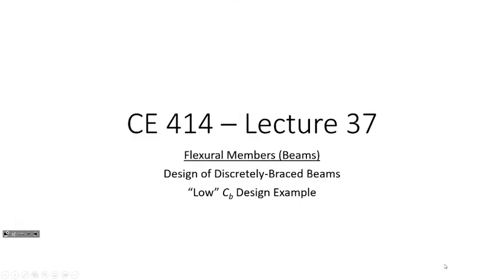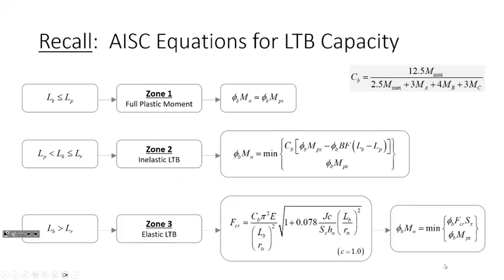Okay. So let's just sort of recall our model for capacity. We are going to use it today because we're going to select a beam and then analyze it. What I can tell you is that when you're designing discretely braced beams, more often than not, you are in zone 2.